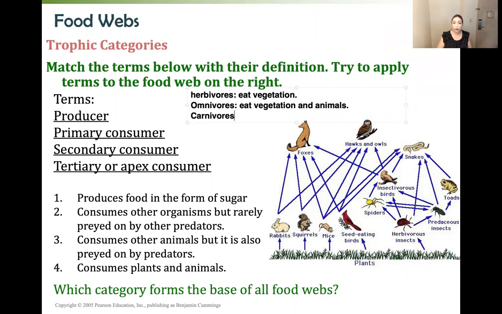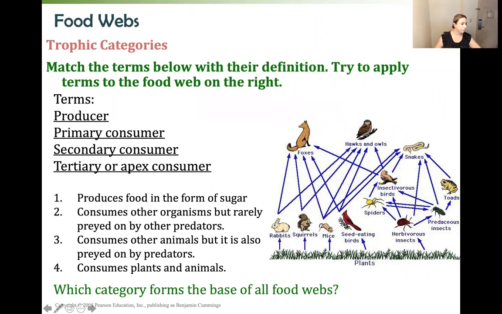And finally, carnivores. Okay, so for this, you need to know the terms that I have underlined and the terms that I just wrote here, because you need to know these in order to understand food webs.